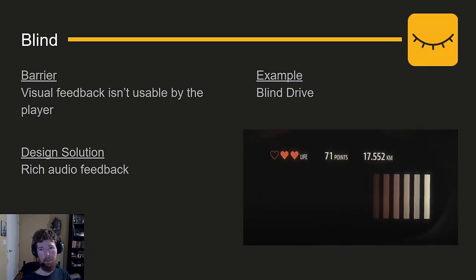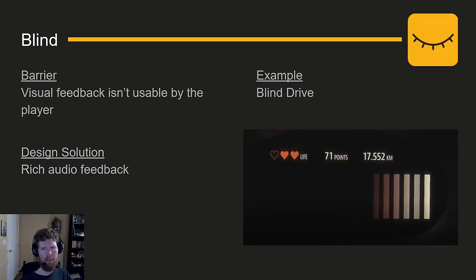So, blind barriers. Unlike a low vision barrier, where something like high contrast would be helpful, blind barriers can be addressed with rich audio feedback rather than visual changes. A game that did an interesting job of this is Blind Drive, a comedy driving game where you're being chased by police while driving into incoming traffic, while blindfolded and handcuffed to the steering wheel.